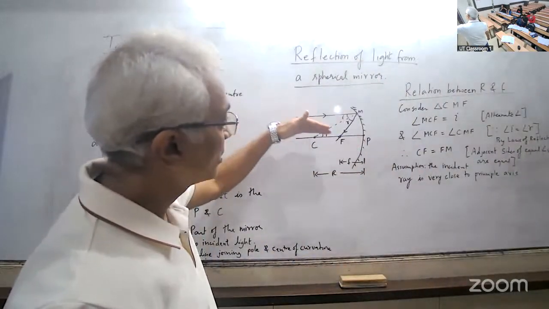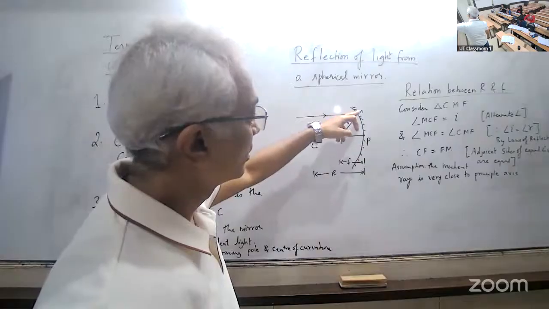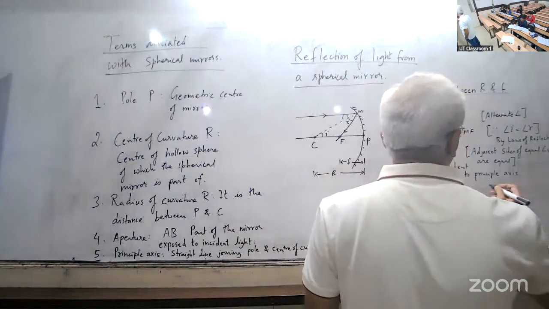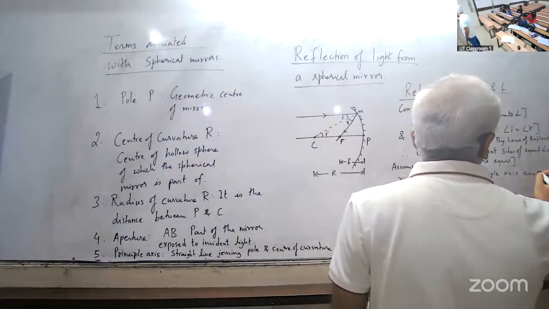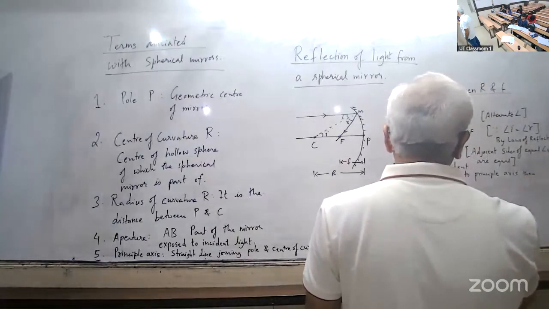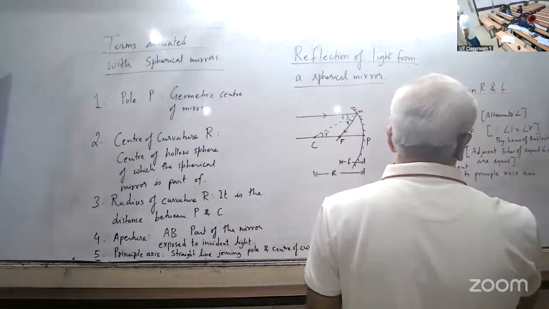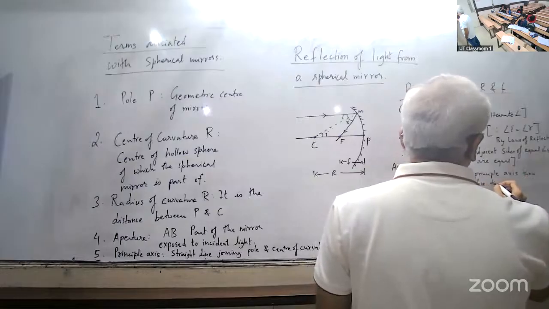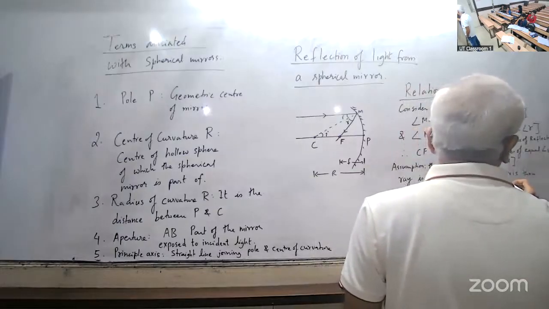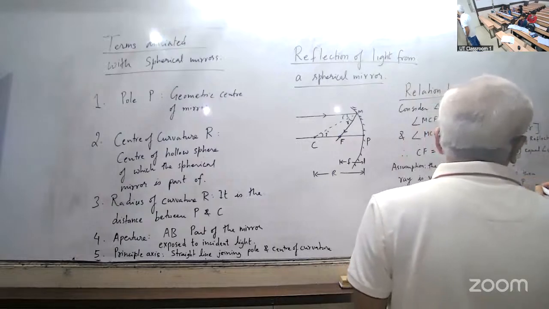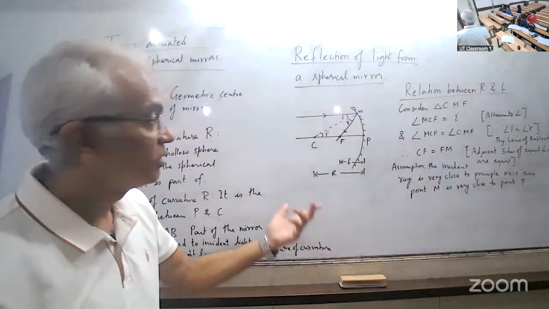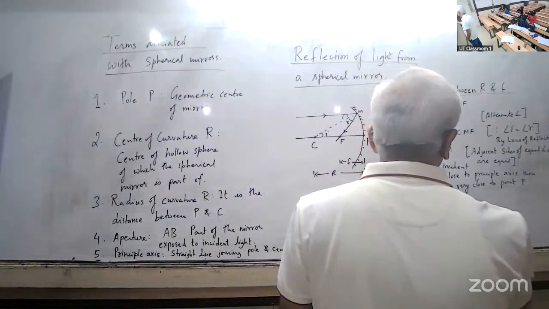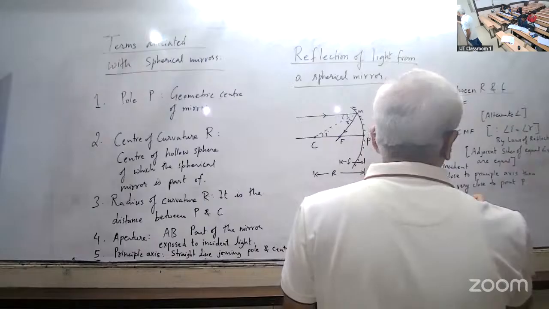So if the incident ray is very close to the principal axis, then point M is very close to point P. M can be written as P, right? Therefore, CF is then written as FP.